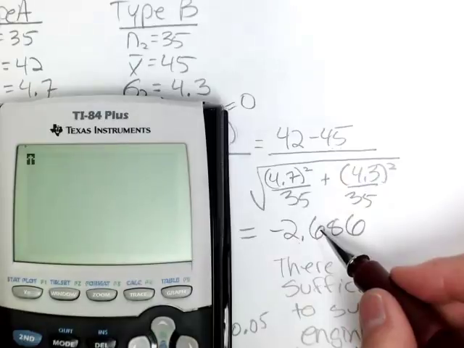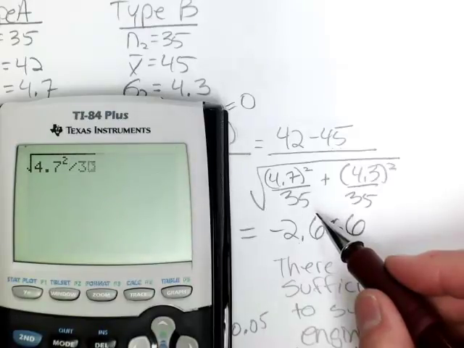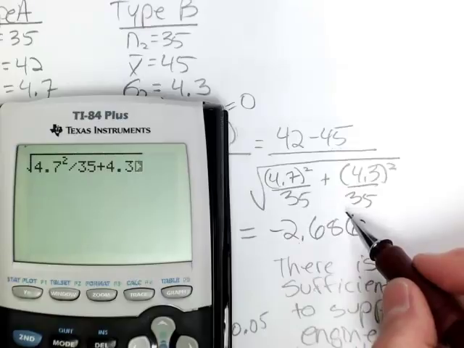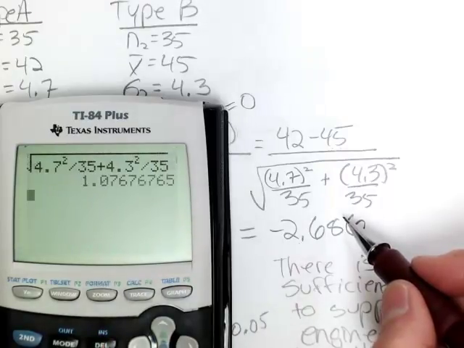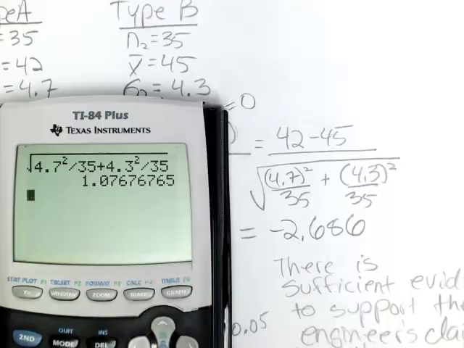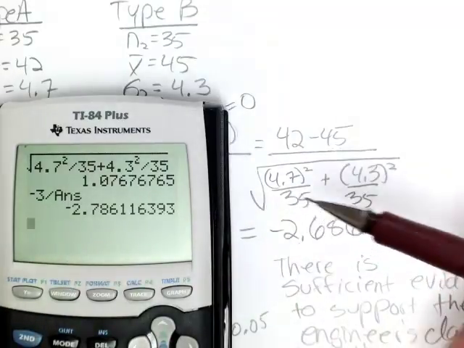Let's calculate that denominator again: 4.7 squared divided by 35, then adding 4.3 squared divided by 35, and then arrowing out of the radical. I want to take -3 and divide that. There we go. Recalculating that, I do get the same answer.